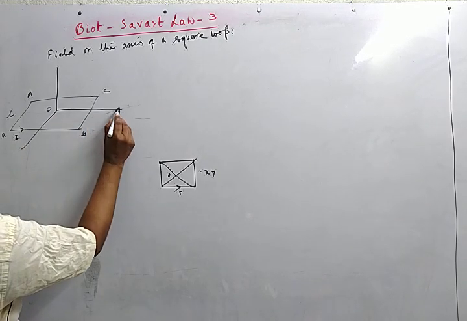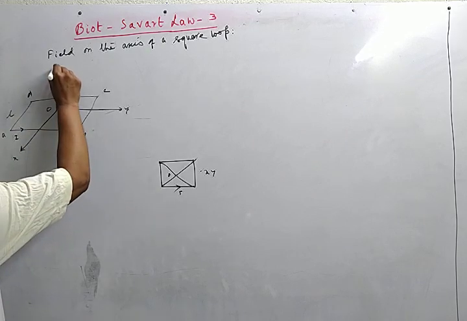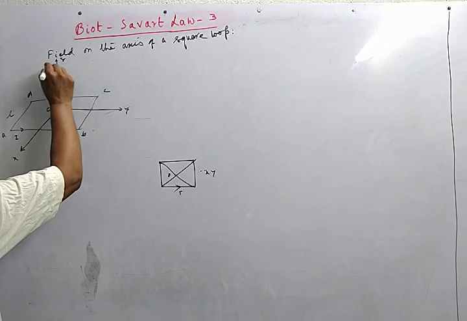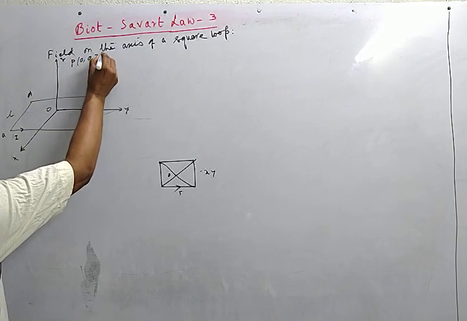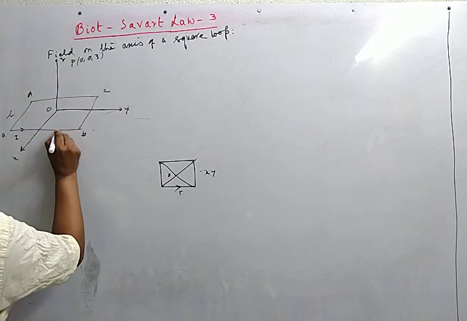This is y axis. This is x axis. This is our z axis, and the field is to be found out at P having the coordinate 0, 0, z.